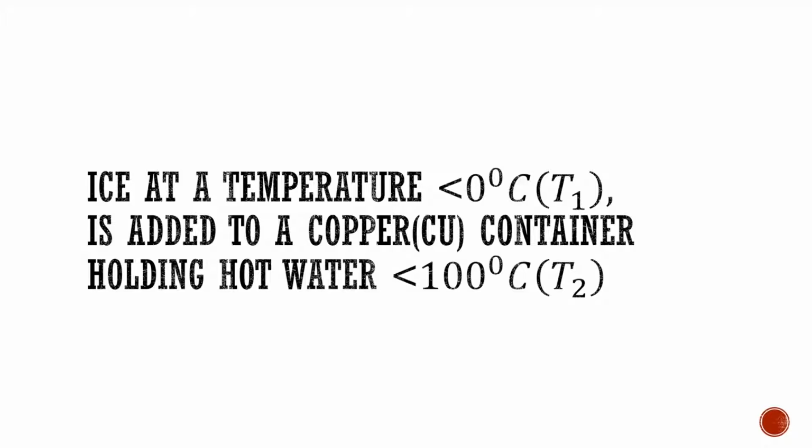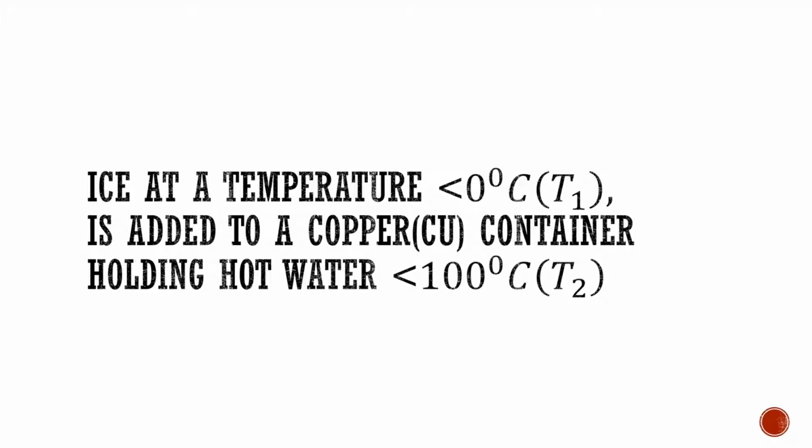Let it be T2. So, in this scenario, we are analyzing how much heat energy is absorbed or released at each stage, because there occur step by step changes, so we can analyze each step.